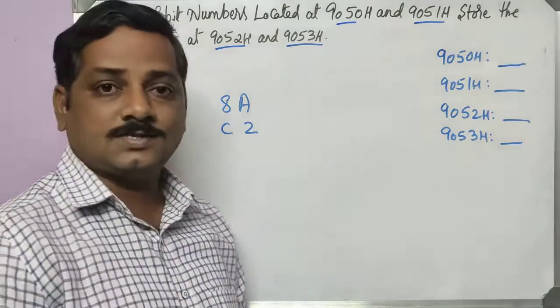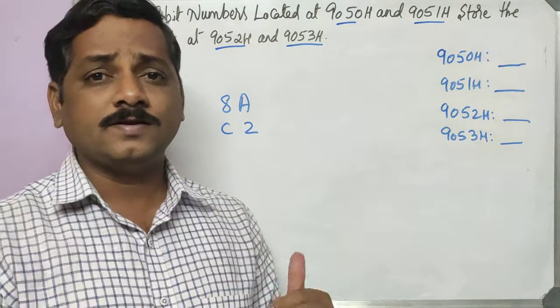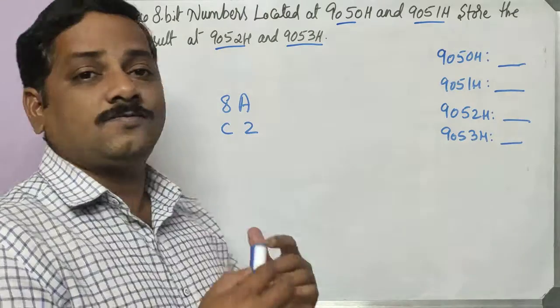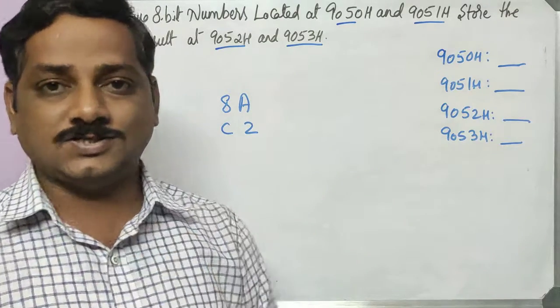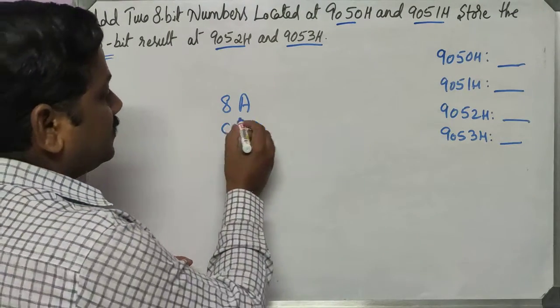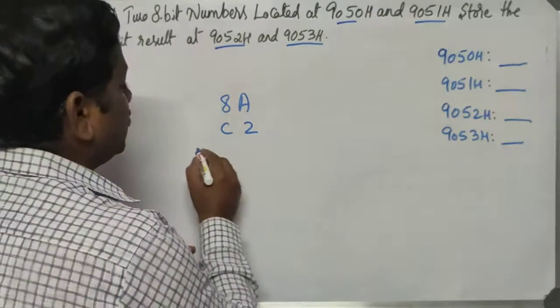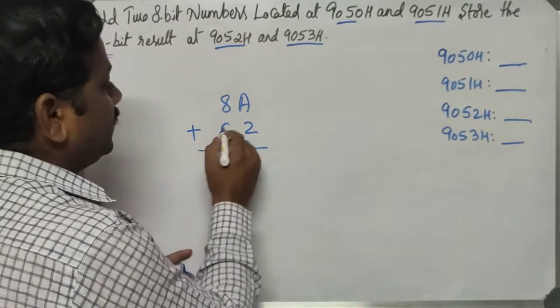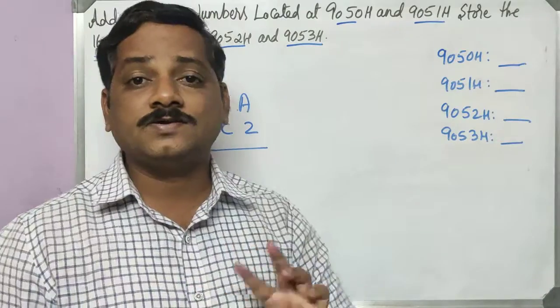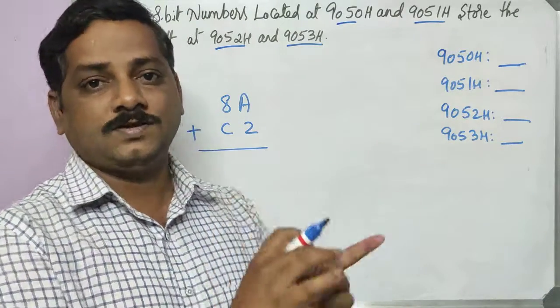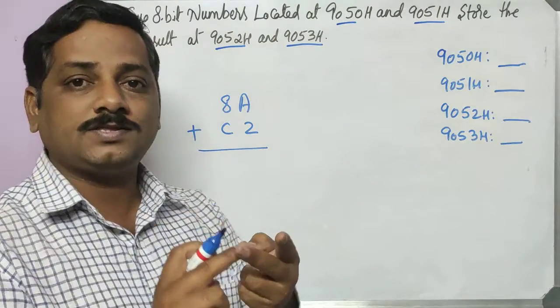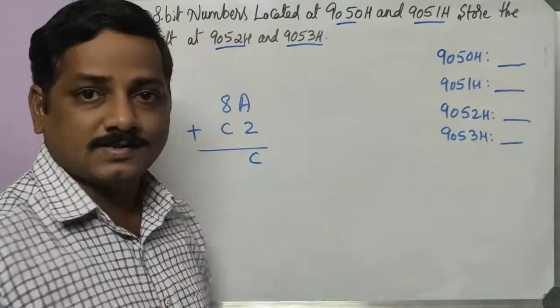So let's take hexadecimal numbers. You can take simple numbers also, but when you take the larger number, then you will understand the actual concept. Say, let me tell you how to add this. 8A plus C2. A plus 2. After A in hexa what do you get? B and C. So after A if we add 2, we get B, C. So C will be the answer.